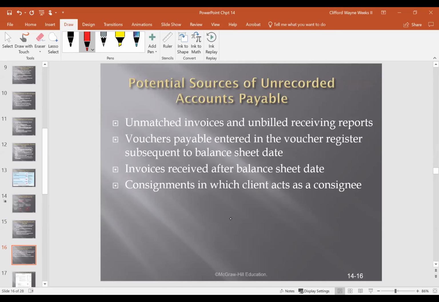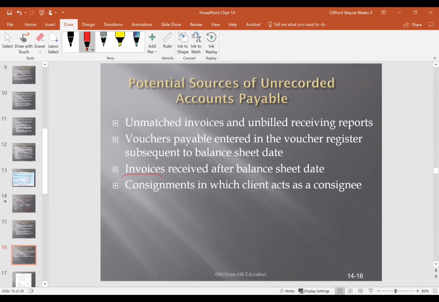Vouchers payable entered in the voucher register subsequent to the balance sheet date. Invoices received after the balance sheet date. Because if you purchase something and it was FOB shipping point, and it's in transit, it's unlikely that you've gotten that invoice yet.